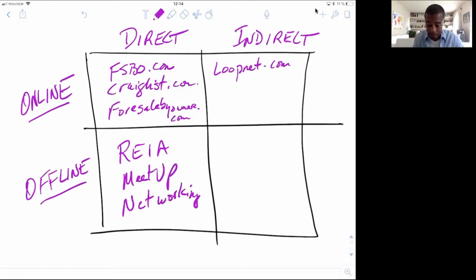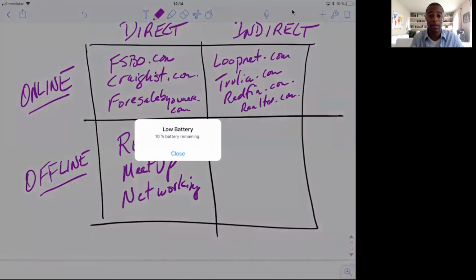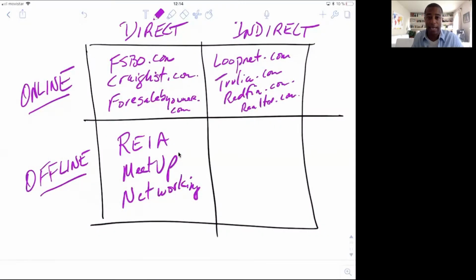And then you're also looking at some of the other famous websites like Trulia.com. You have Redfin.com. You also have things like Realtor.com. And these are some of the more famous ones that you can take a look at.